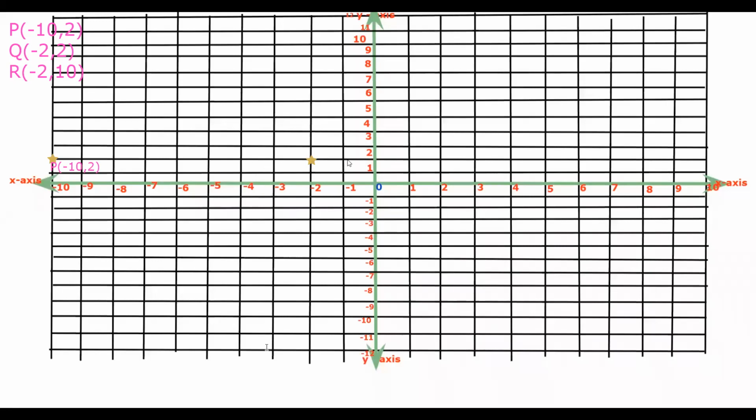That's the number 2 here. Okay, good. And then you write the coordinate name. So the point name will be point Q formed by negative 2 and 2. Okay.